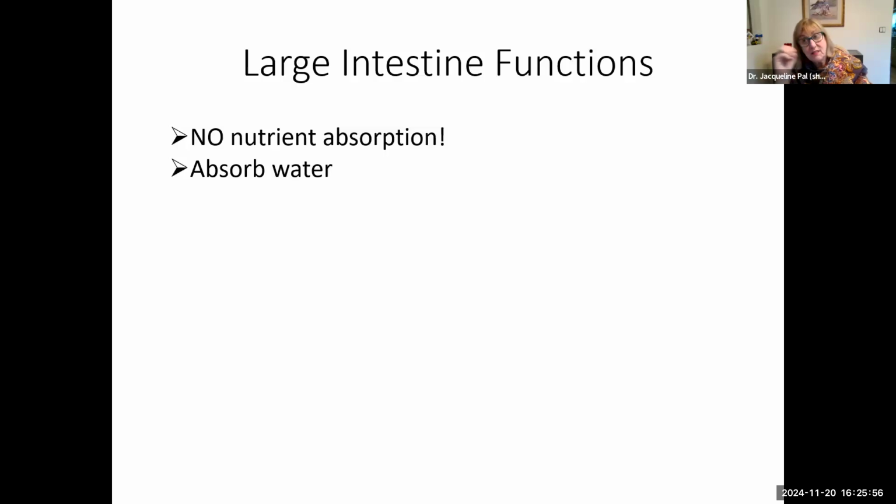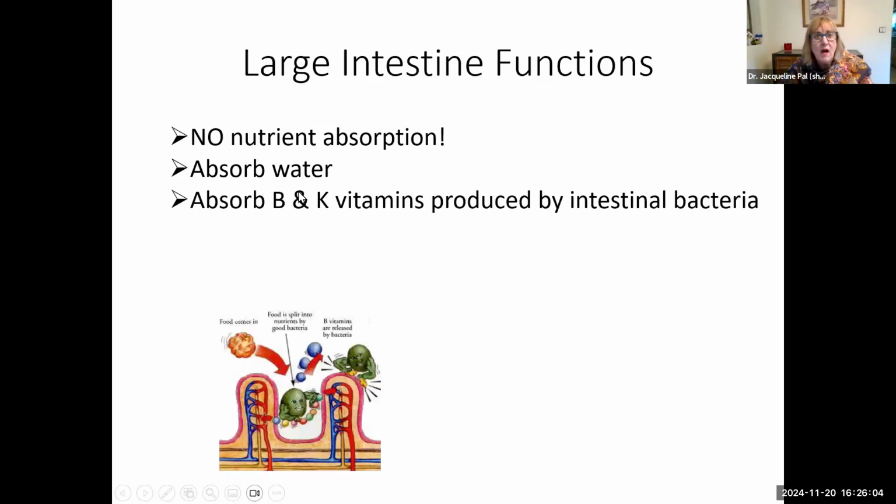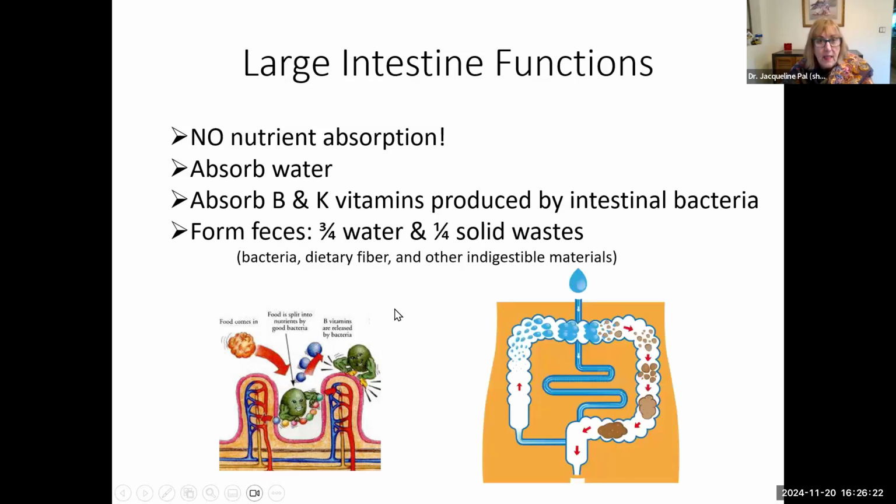You know that because if you have diarrhea, it's watery, and that's because there's still water when it enters the colon. We also are absorbing vitamin K as well as B vitamins that are produced by the bacteria in the colon that are still breaking down some of the foodstuff. And so their side products are to produce some B vitamins as well as vitamin K.